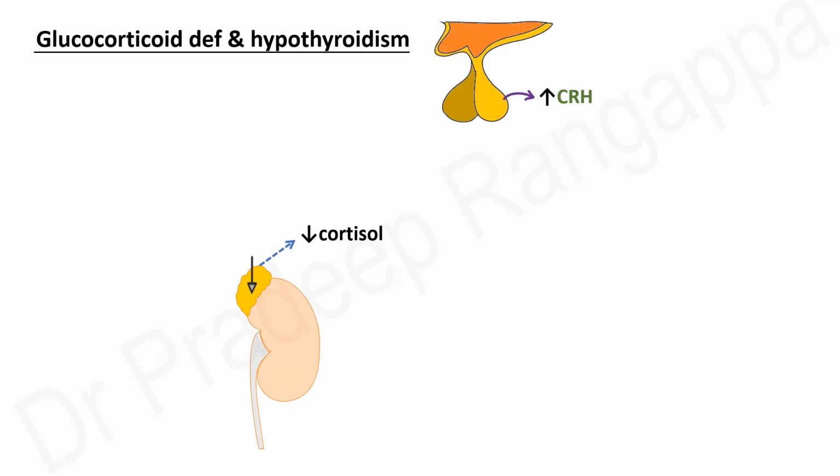Because of this increase in corticotropin releasing hormone secretion, there is a concomitant increase in the secretion of vasopressin also. And when there is a cortisol deficiency, there is mineralocorticoid deficiency also, leading to relative hypovolemia, which again stimulates thirst and there is increased production of vasopressin. So this is the underlying pathophysiology in glucocorticoid deficiency.